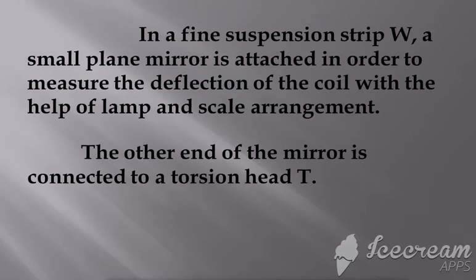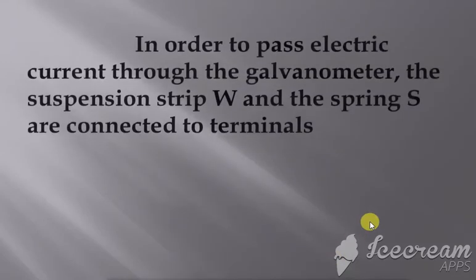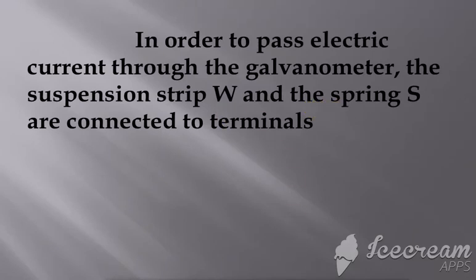Okay, so next we have the last point in the construction, that is in order to pass electric current. ஸோ இது எல்லாத்துக்குமே என்ன தேவை? ஒரு கரண்ட் தேவை. அதனால் என்ன பண்ணுறோம்? அந்த ஸ்ட்ரிப்புக்கும் ஸ்ப்ரிங்குக்கும் நடுவில் it is connected to the terminals. ஸோ அந்த ஸ்ட்ரிப் W-வையும் ஸ்ப்ரிங் S-ஐயும், ஸோ ஸ்ட்ரிப் W என்பது மேலே. ஓகே, இங்கே சென்டரில் நம்மளுக்கு அந்த காயில் இருக்கும், கீழே தான் அந்த ஹேர் ஸ்ப்ரிங்ஸ் இருக்கும் இல்லையா? ஸோ அந்த ஸ்ட்ரிப்புக்கும் அந்த ஸ்ப்ரிங்குக்கும் நடுவில் it is connected to the terminals.